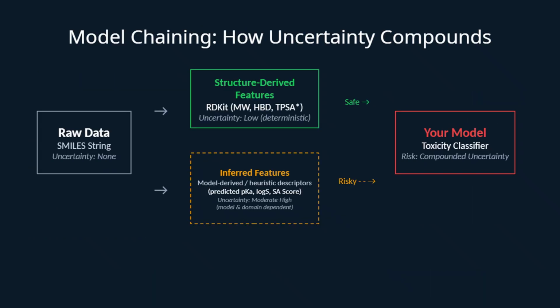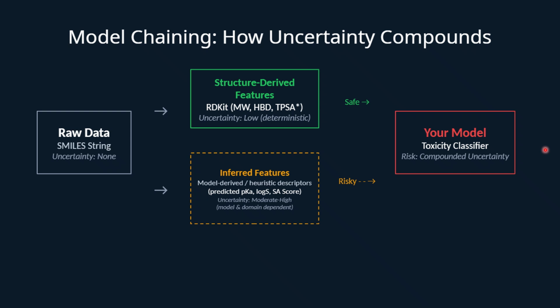So this diagram shows how uncertainty accumulates as we move from structure to prediction. We begin with the molecular structure represented as a SMILES string. At this stage, there is no inherent uncertainty. The structure is simply defined.